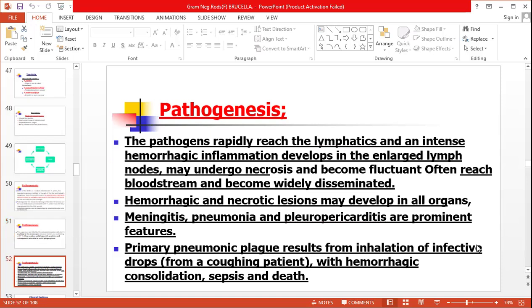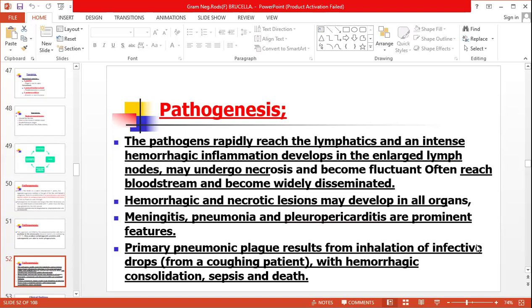The pathogen rapidly reaches the lymphatics, then hemorrhage and inflammation develop in the large lymph nodes. They undergo necrosis and become suppurative, often reaching the bloodstream and becoming widely disseminated.